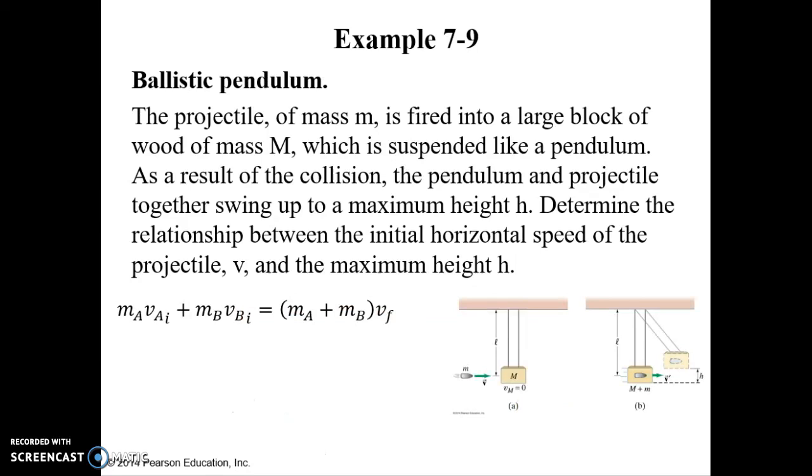We start off with conservation of momentum. Now, I already factored out the final velocity since it's the same for both objects. The block starts from rest, so the VBI equals 0. And our equation reduces down a bit.